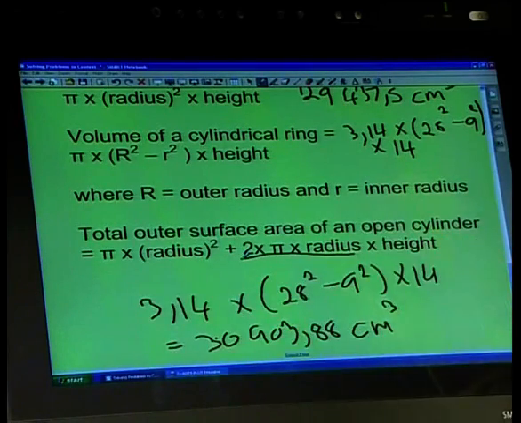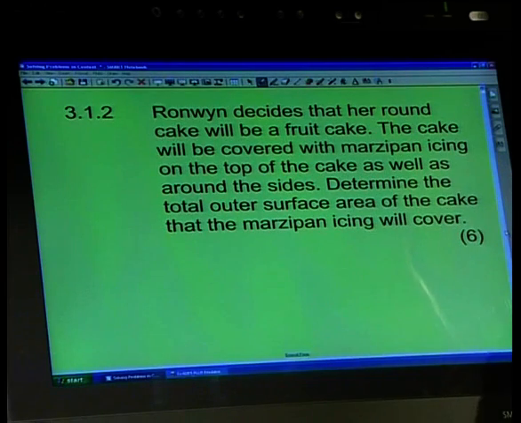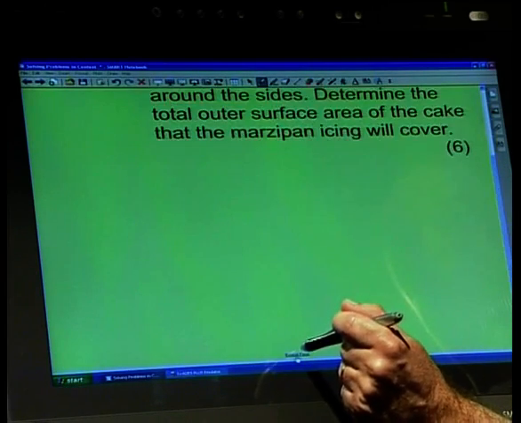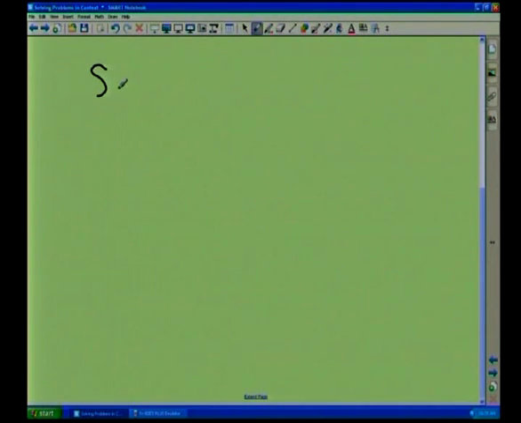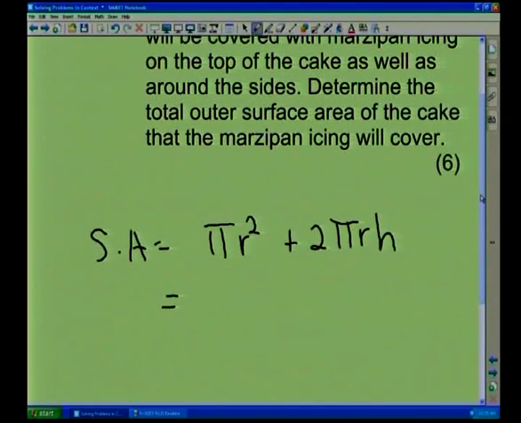Well, we need to use that formula to calculate the surface area for the icing that we're going to use. So let's put it into that question. Surface area equals pi r squared plus 2 pi r times height. And we only need the one circle for the cake because we're only icing the top.